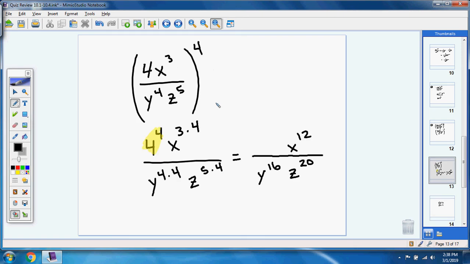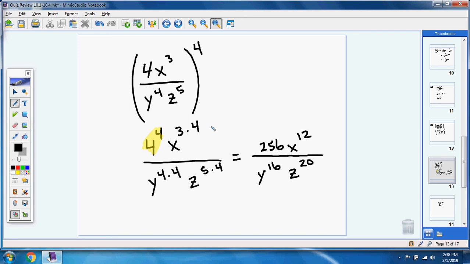So got to be really careful with the coefficient and then the power. So again, remember that means 4 times 4 and then another 4 times 4, so 16 times 16. And if you remember, 16 squared is 256. All right, everything has been simplified. I am good to go there.